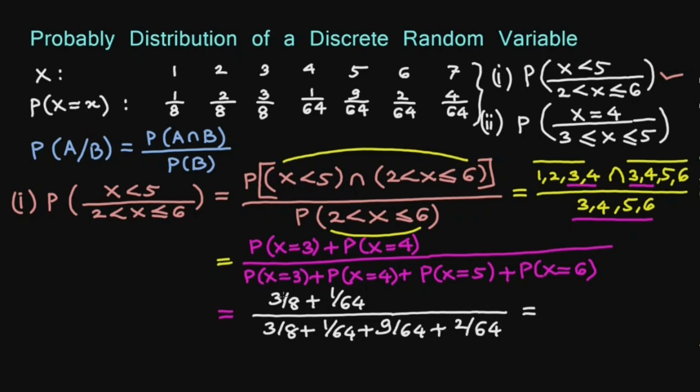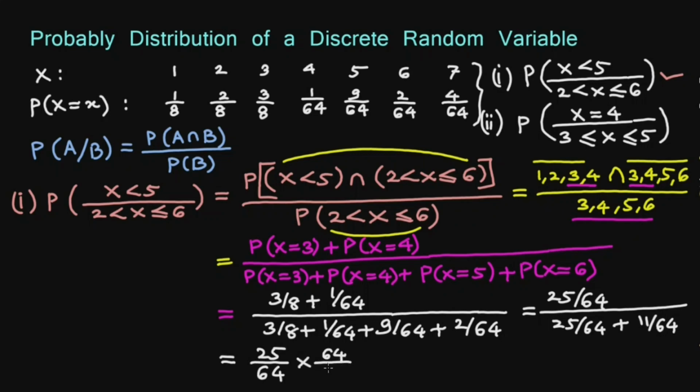This will be 24 plus 1, 25 by 64 upon 25 by 64 plus 11 by 64. So that will be 25 by 64 multiplied by 64 upon 36. So probability of x less than 5 when 2 less than x less than or equal to 6 has already occurred is 25 upon 36.